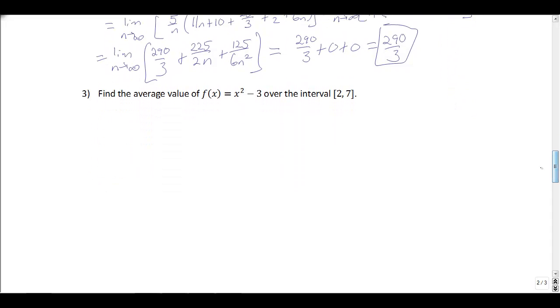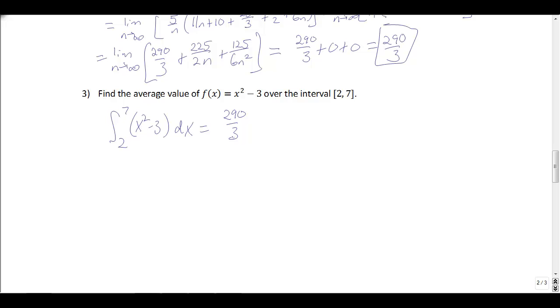Okay, now we want to find the average value of f of x equals x squared minus 3 over the interval 2 to 7. Note that in the previous question, we calculated this definite integral to be 290 over 3.